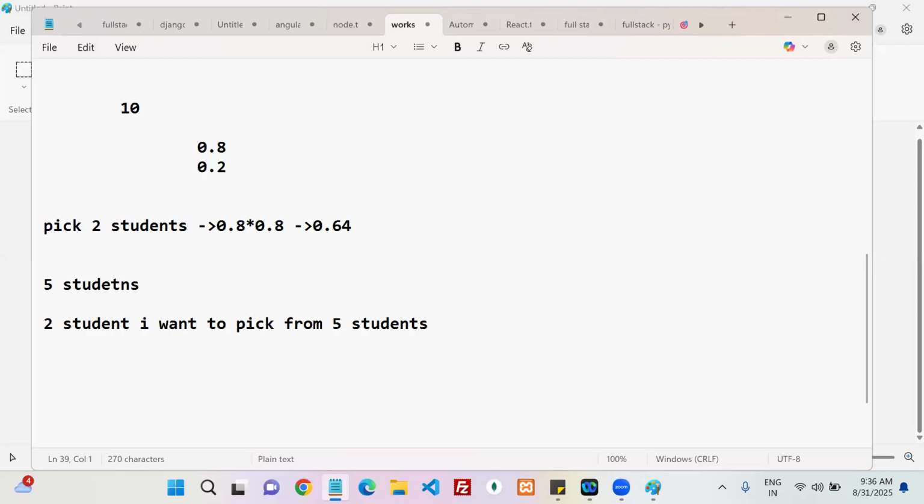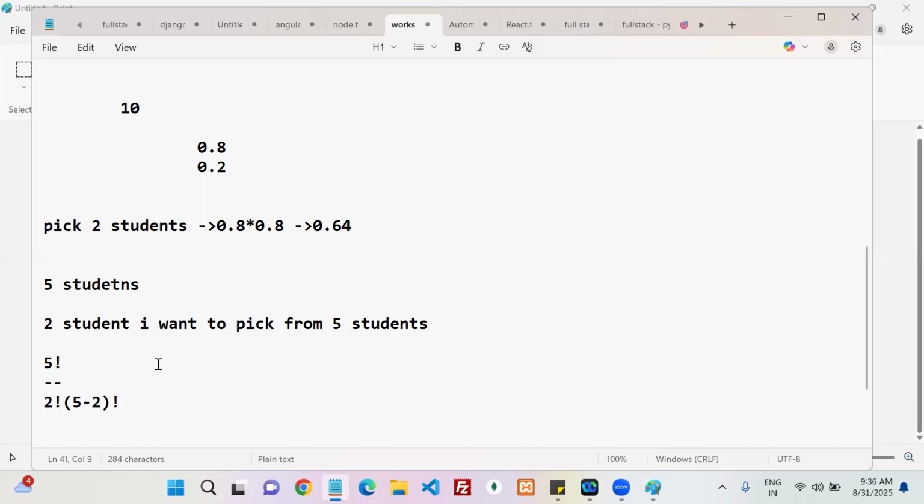Okay, very simple. The formula is, overall how many students are there, n into n minus 1 by 2. Okay, n factorial by, here you can directly write 5 factorial by 5 minus 2 factorial, right?